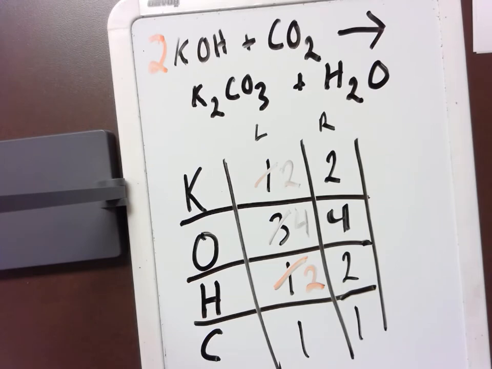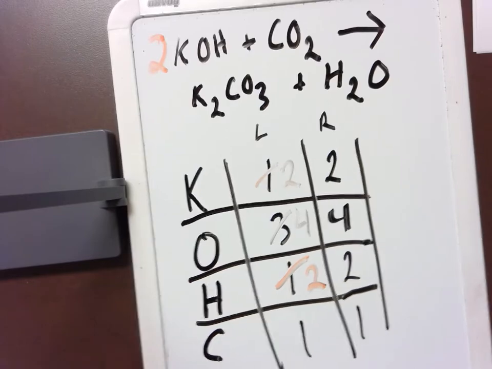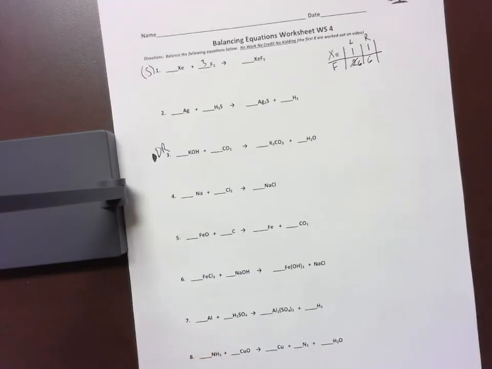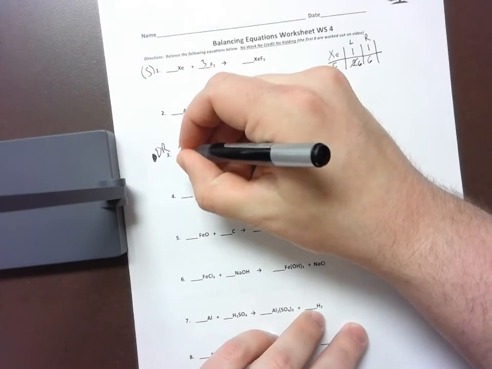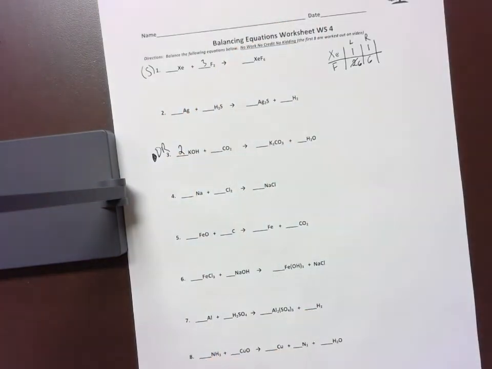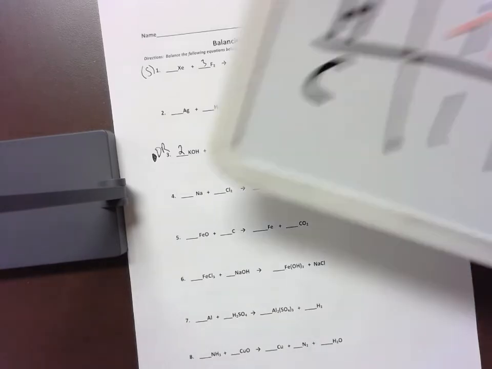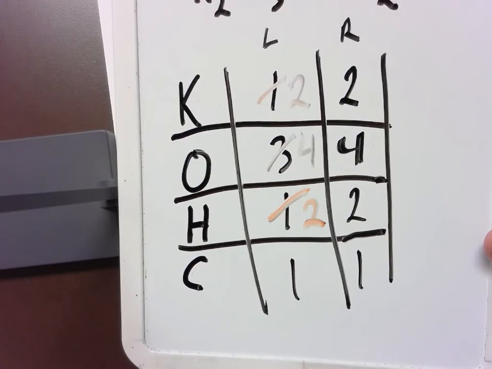Now that we've done the work on here, we can transfer it over to our answer. And little did we know that it was going to be as simple as doing that. So boom, that's our answer. Now I do not expect you to do all the work. If this makes it easier for you, you can.